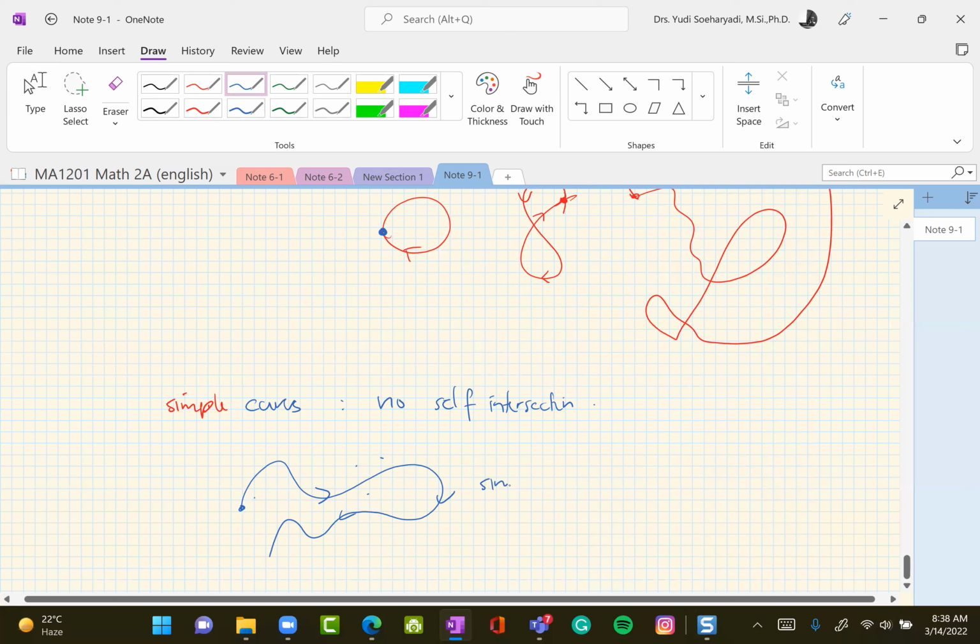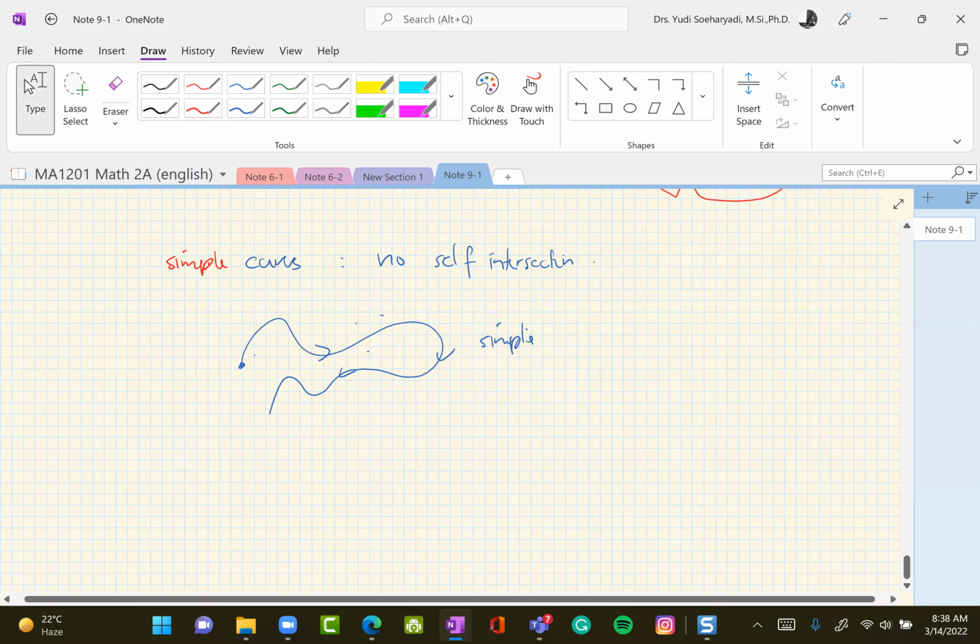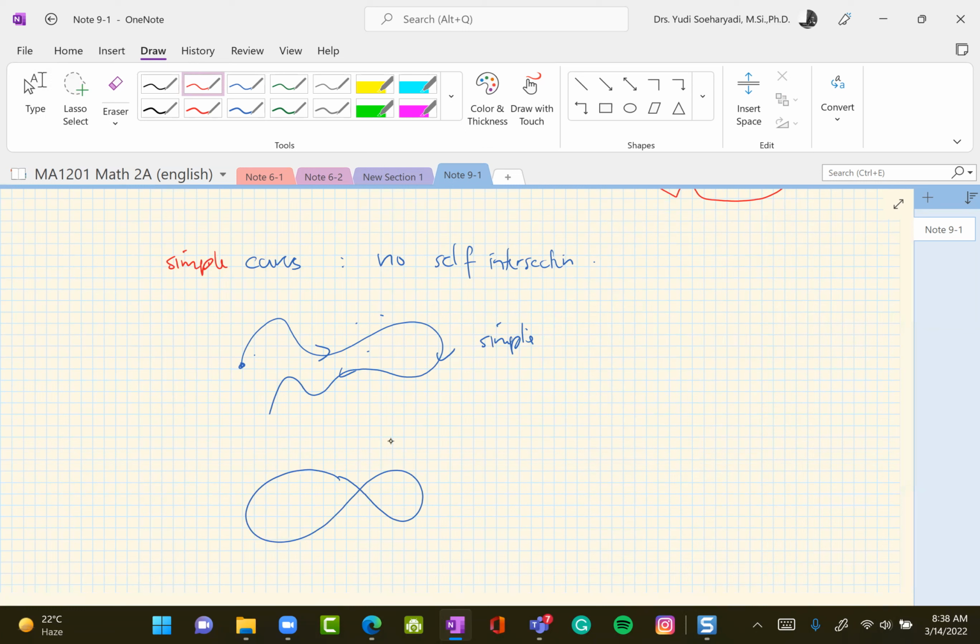So this is simple. Here you have self-intersections. Not simple.